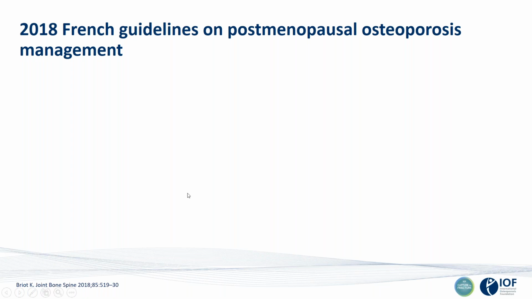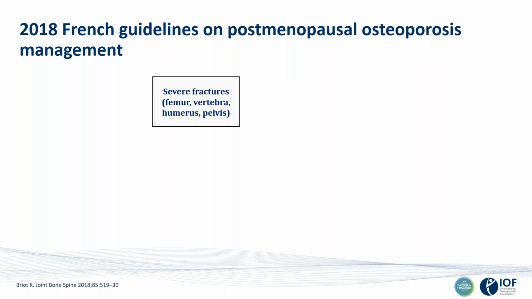And in France, we decided in our last guidelines published in 2018 that, to make it simple, you can make your decision based on the clinical situation of the patient and the level of BMD. So we defined three different situations.